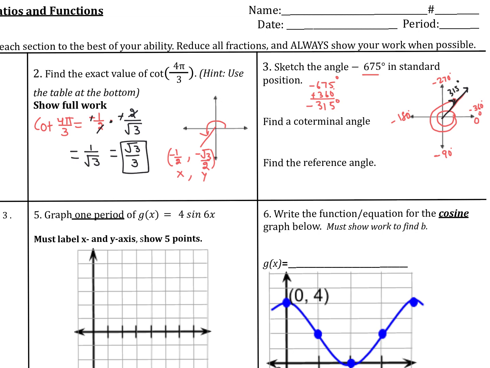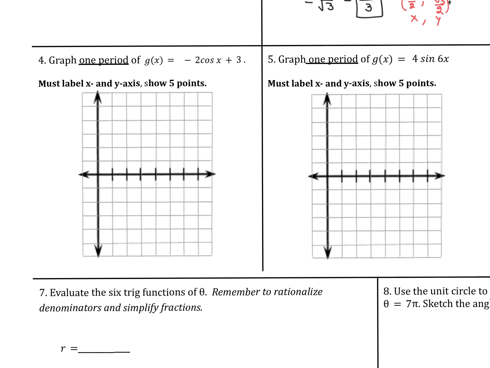To find the reference angle, which is the shortest distance from the x-axis, it is the difference between 360 and 315 in a positive sense, and that difference is 45 degrees. For number 4, you're going to graph the cosine, negative 2 cos x plus 3.